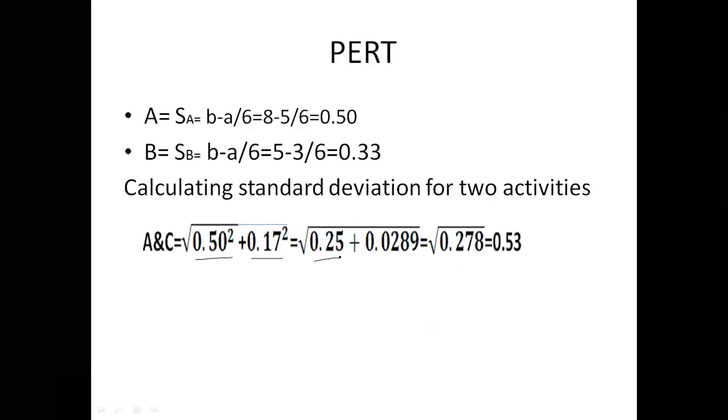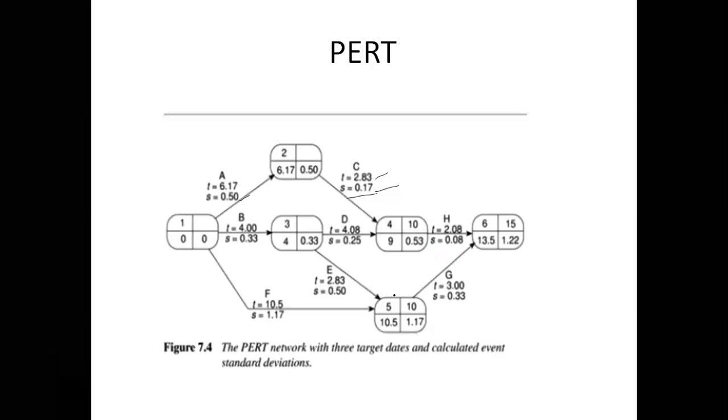We sum them, and then find the square root of the sum. See here, this is the formula. After getting the squares, we sum A and C, then find the square root of the sum, and we get 0.53.